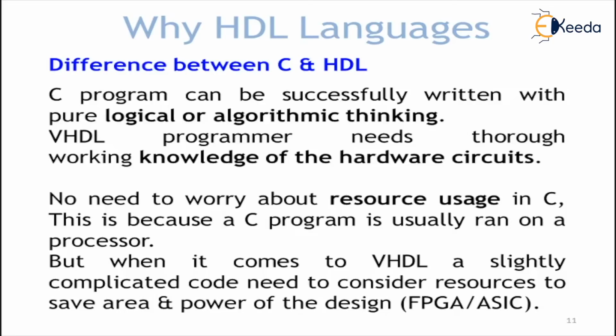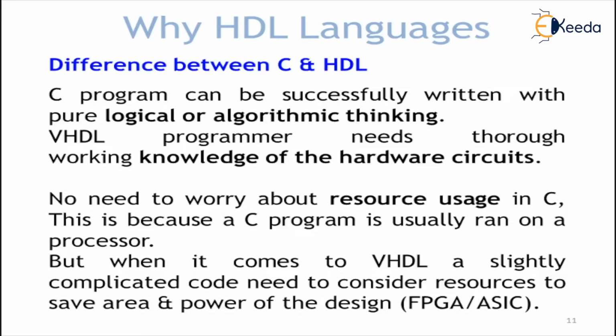So in that case we have to consider speed, power and area constraints. The VHDL or Verilog code should be written in such a way that it is optimized, using minimum resources. Because of minimum resources, it will consume minimum area. Ultimately, it will consume minimum power, and because of that, speed will increase.